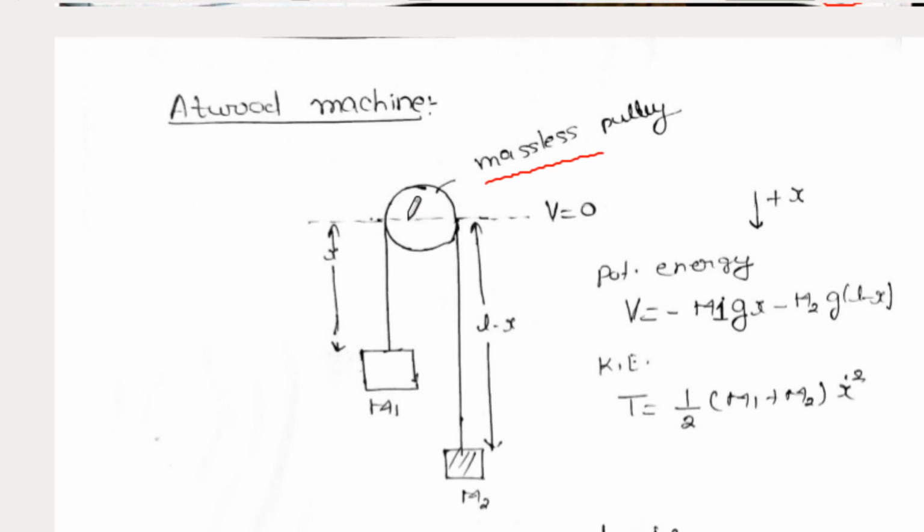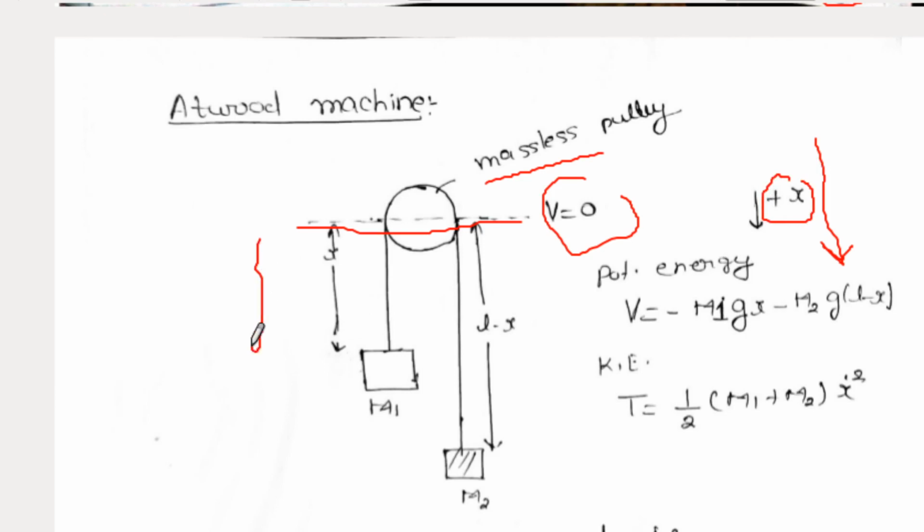And for this problem I have chosen again this horizontal line as our reference potential, which we have taken as 0, right? And when we move downwards along this direction, I consider it a positive direction.